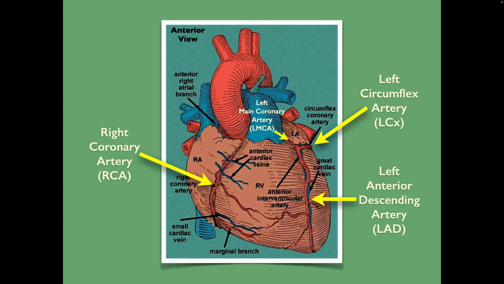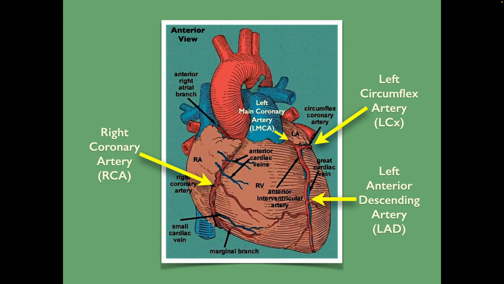Now if we were going to become cardiologists, for example, we would stop at this point and maybe spend several weeks just talking about what's on this slide. But in this class, you only need to know 4 different vessels, okay?